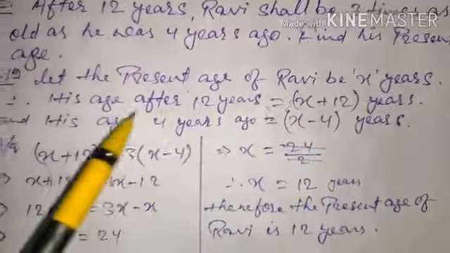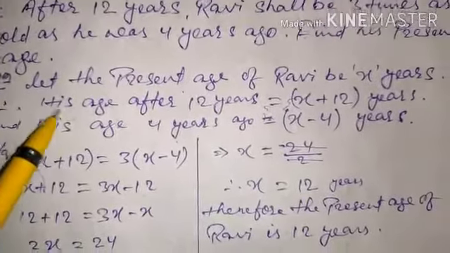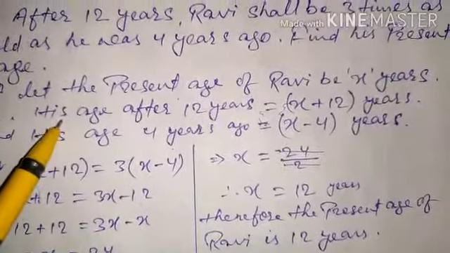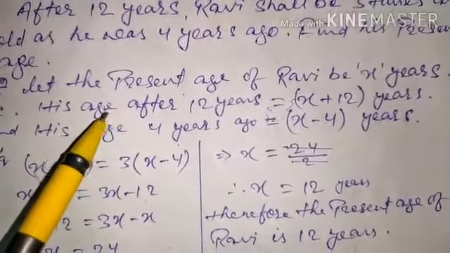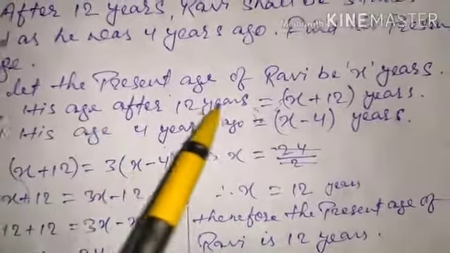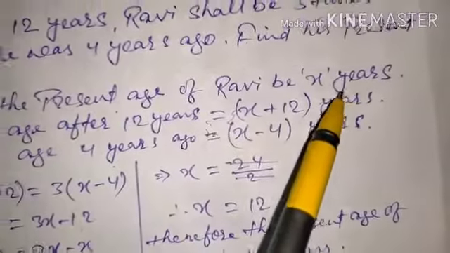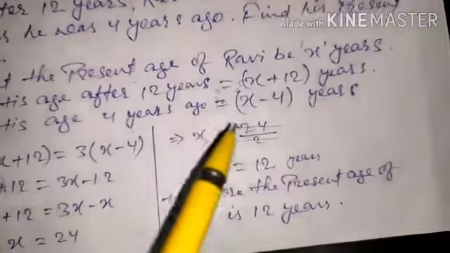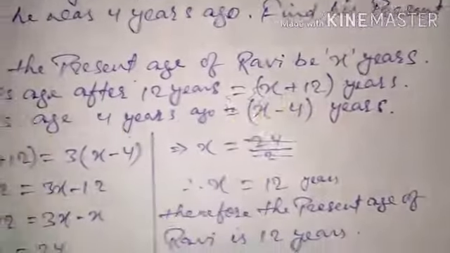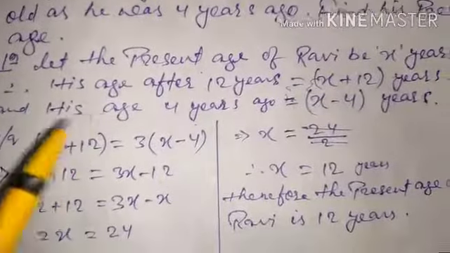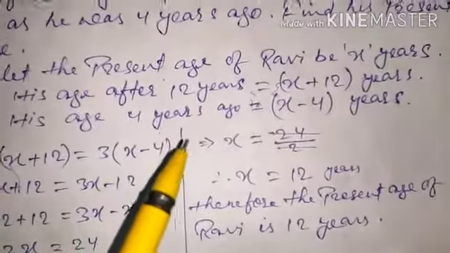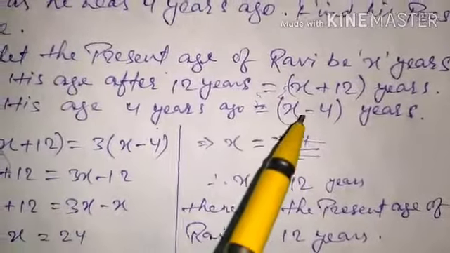The first statement we had assumed, and the next statement is talking about the age after 12 years. So his age after 12 years is equal to x plus 12 years. And from the present time, 4 years before, his age is going to be x minus 4 years.